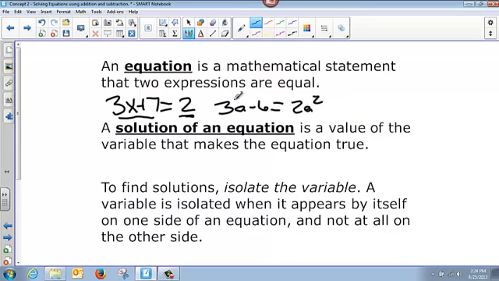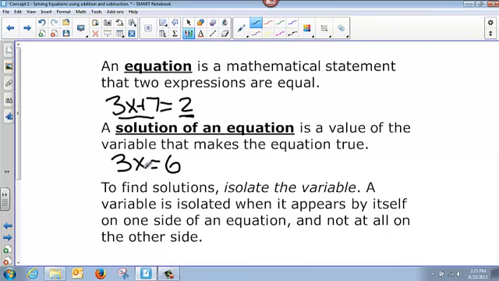And when we solve equations, we look for solutions. A solution of an equation is the value of a variable that makes an equation true. So if I say 3x equals 6, that means 3 times x equals 6. And if I want to solve this equation, I have to find the value for x that makes this expression equal to 6.